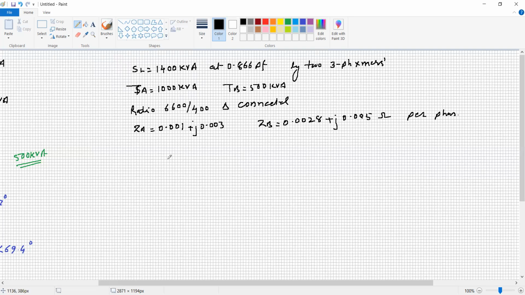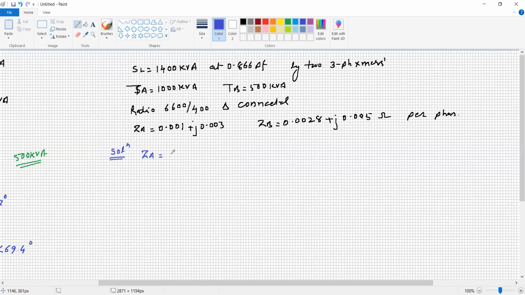Okay. So first of all, this is the base load. What is the difference? The difference is that the capacities of the transformers are different, so we will calculate the impedances on equal capacity.